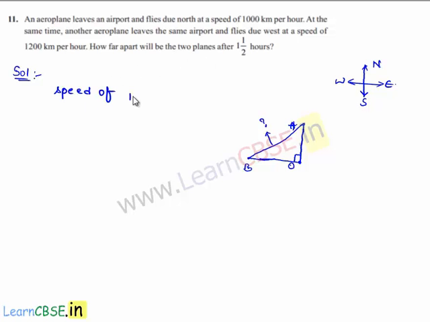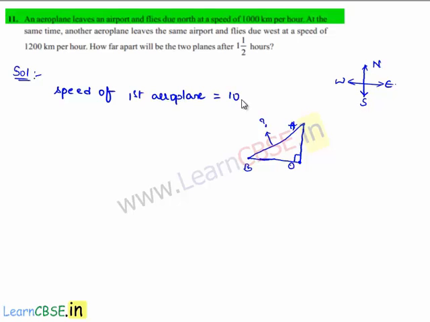So now moving on to solution. Speed of first aeroplane is 1000 km per hour.